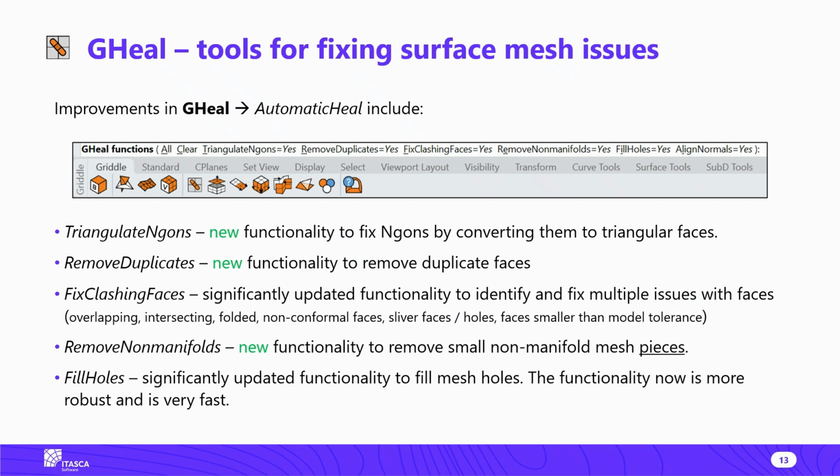Improvements in automatic heal include, as I mentioned already, triangulation of n-gons, removing duplicate faces, and fixing clashing faces. This functionality has been significantly improved.